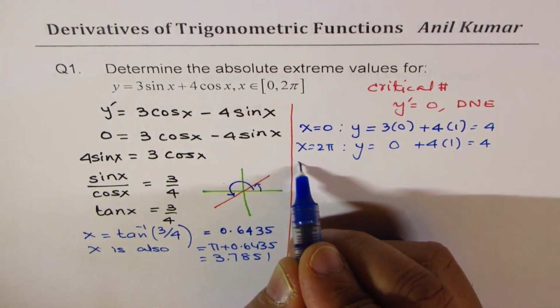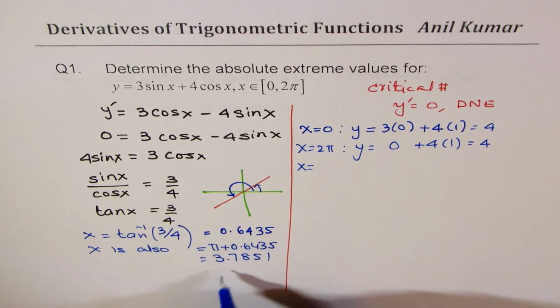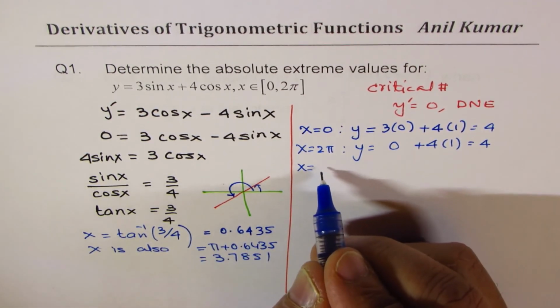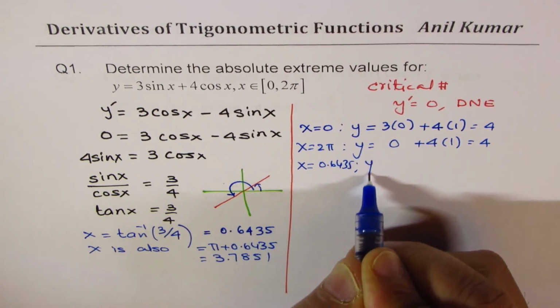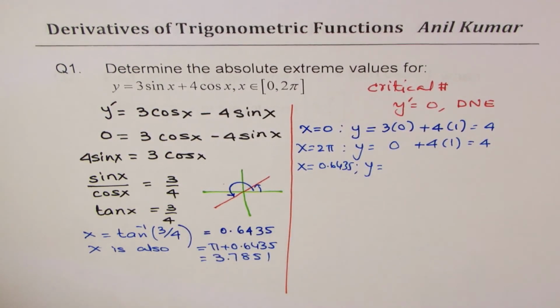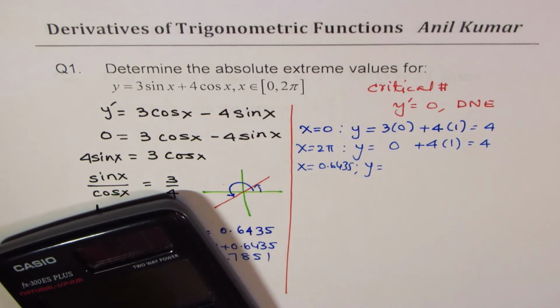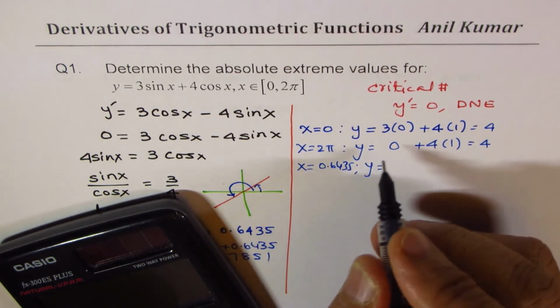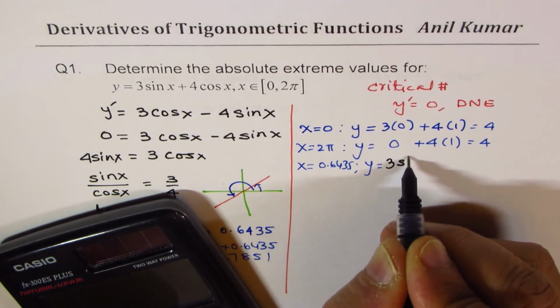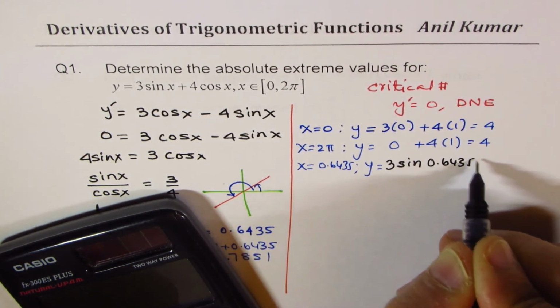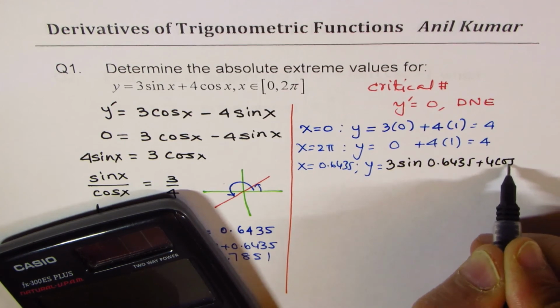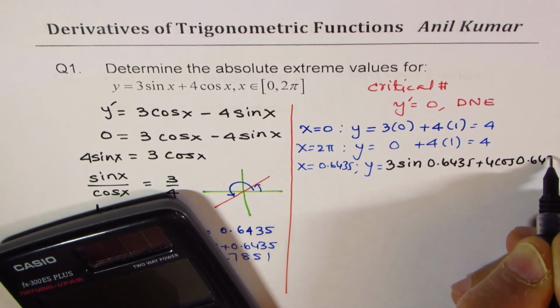Let us now calculate the value for these two critical numbers. 0.6435, what is y equal to? Let us use the calculator to find this value. We have 3 sine 0.6435 plus 4 cos 0.6435.